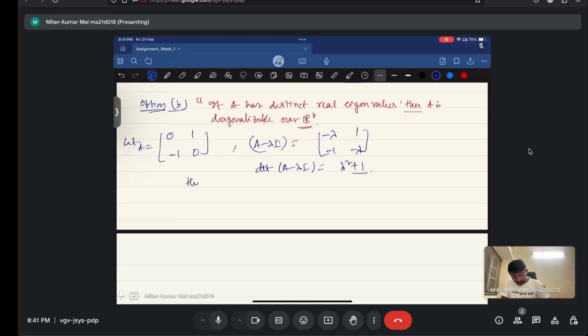This is the characteristic polynomial. Then lambda square plus 1 does not have any eigenvalue over R.